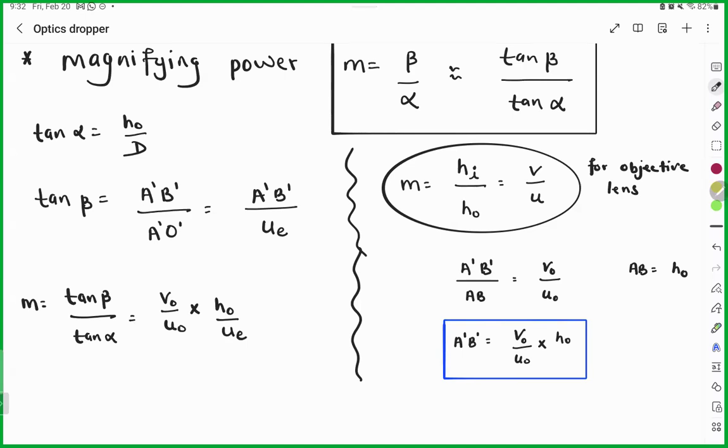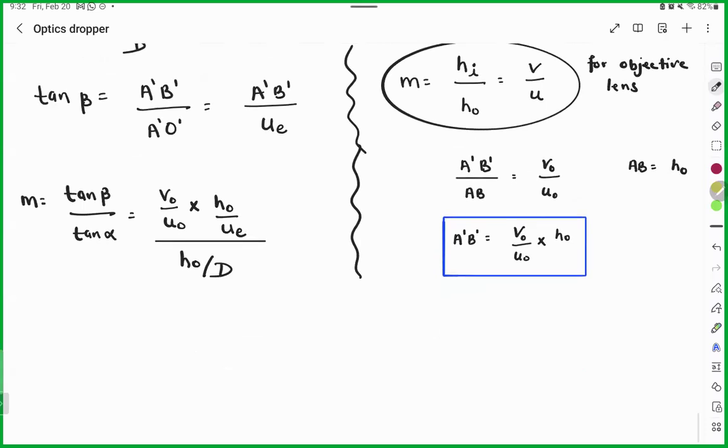This is tan beta divided by, what will be the tan alpha? H naught by D. Understood? H naught will be cancelled out. What will be your magnification? Magnification will be equal to V naught by UO multiply by D by UE.